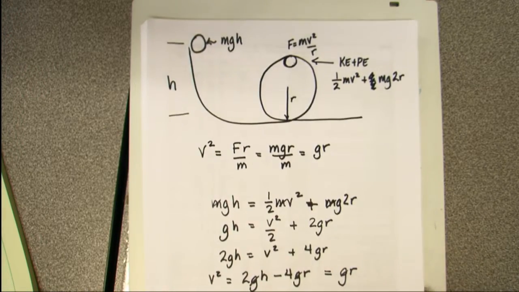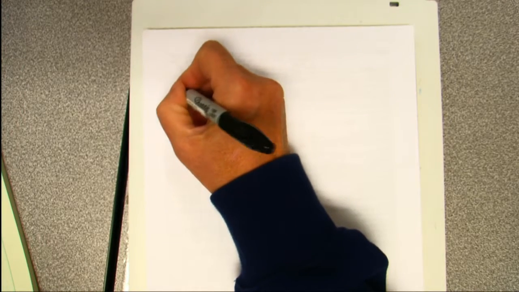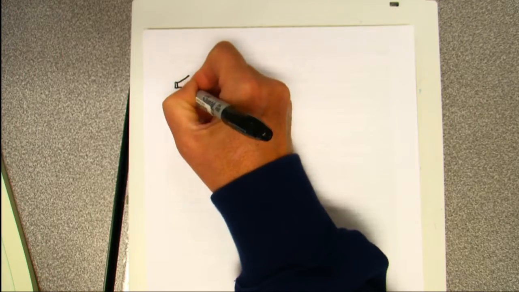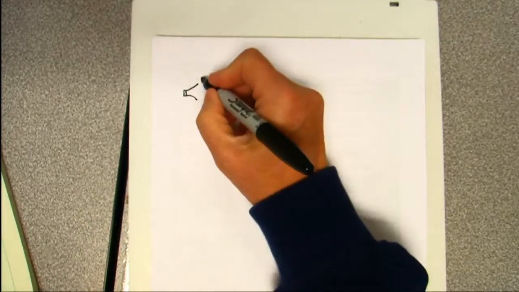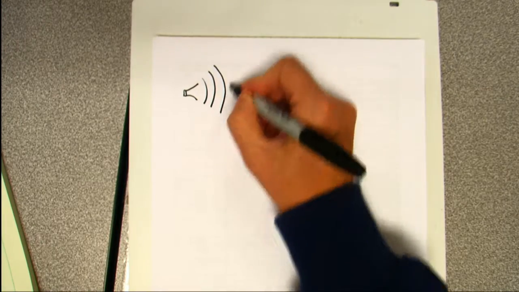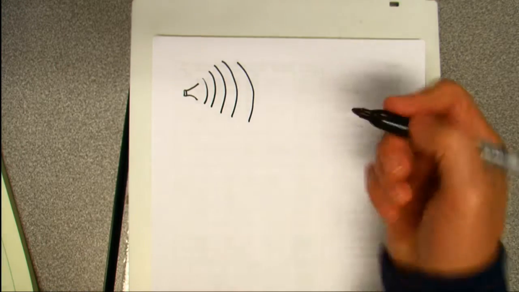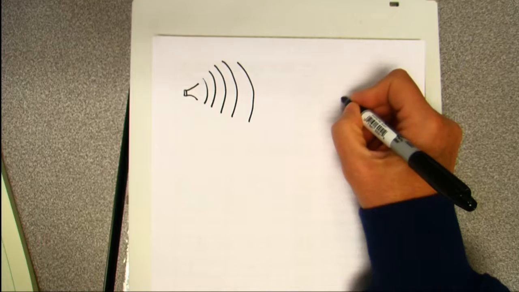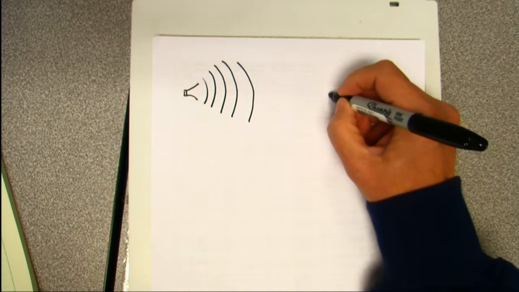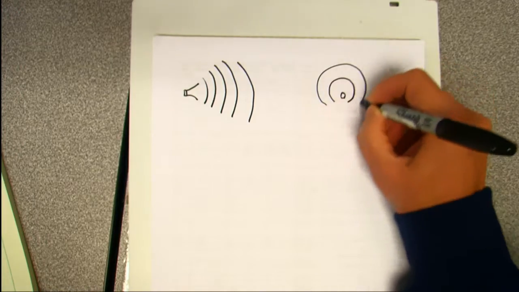All right, so let's take the eardrum problem. The problem gives you lots of information. The big thing that it's telling you is this: I've got a speaker, and it's going to send out sound. Sound's going to disperse like that. If you think about it, if I have a sound source, sound actually goes out as a sphere.